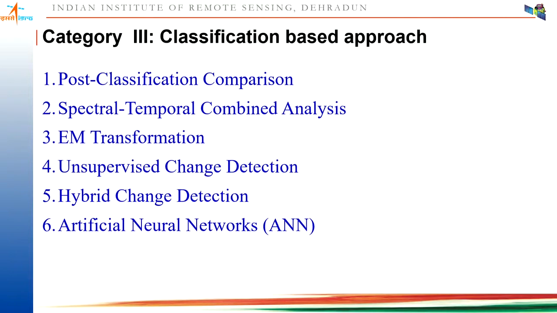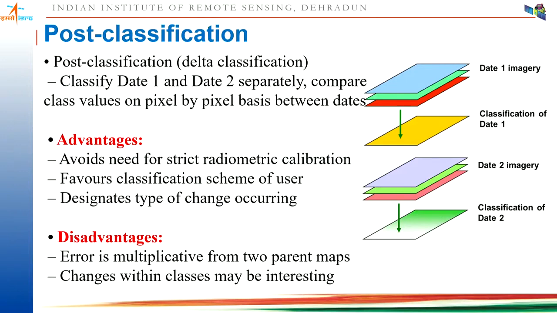The next category of change detection is classification based approach. So most important in this category is post classification comparison. What is happening is, using two sets of images, you classify both the sets of images so that you have a thematic map from date 1 and a thematic map from date 2.